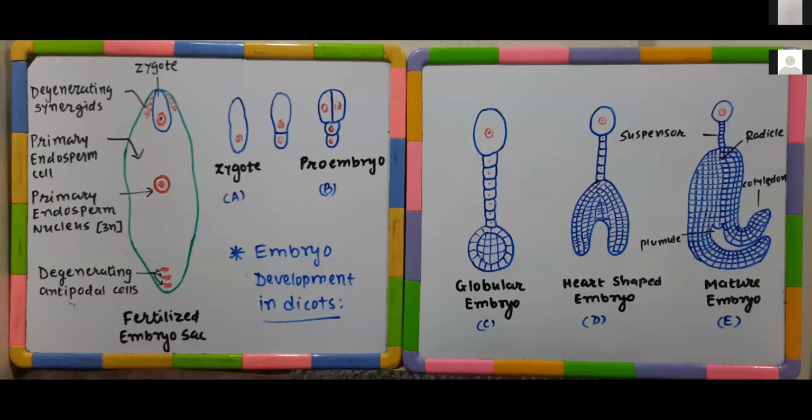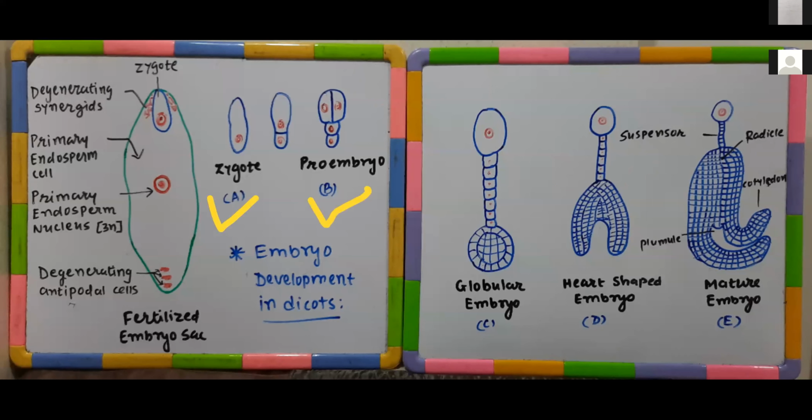The whole embryonic development is divided into different stages through which the embryo has to go. This includes the single cell embryo, that is zygote. Then you have a four-celled embryo, almost T-shaped embryo. This is called proembryo.